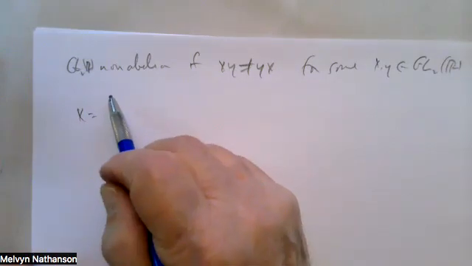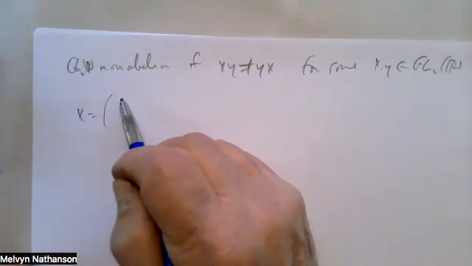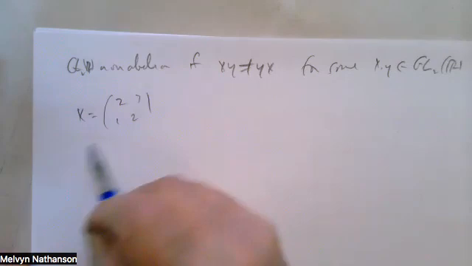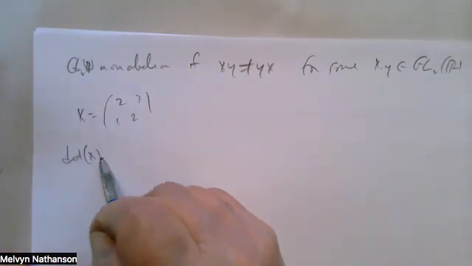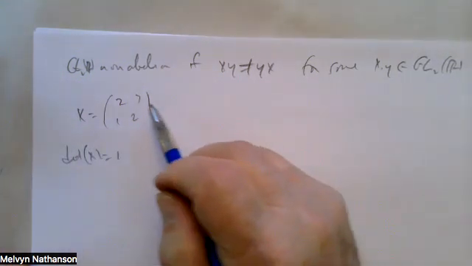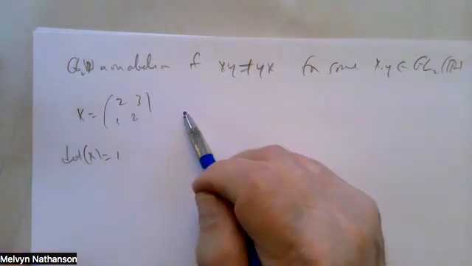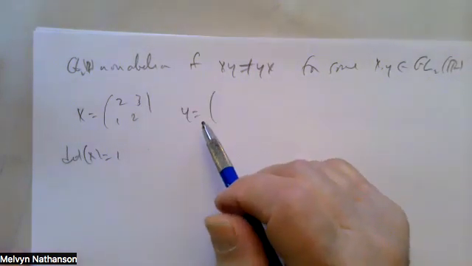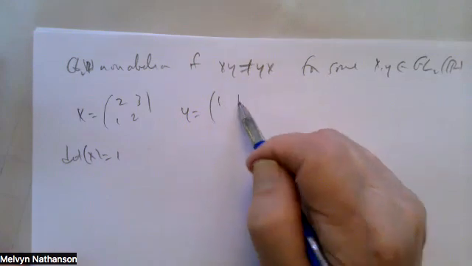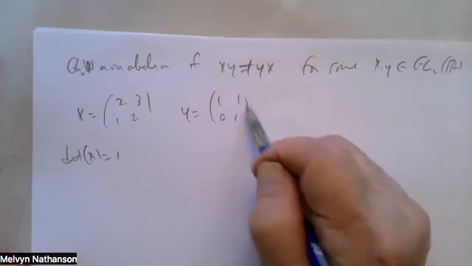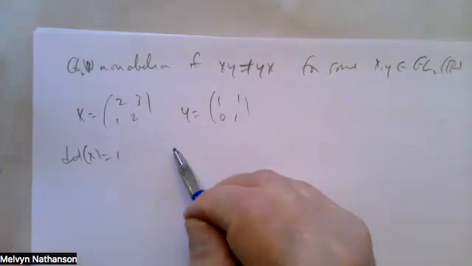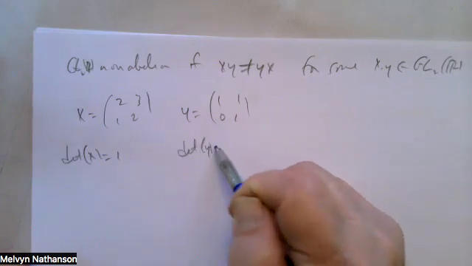So let me just pick two matrices almost at random. Let's see, 2, 3, 1, 2. The determinant of x is 1. Suppose I let y be equal to, I don't know, let's try this, make it easy, 1, 1, 0, 1. So the determinant of y is also 1.